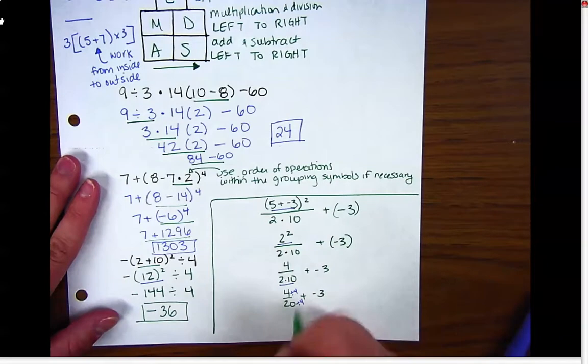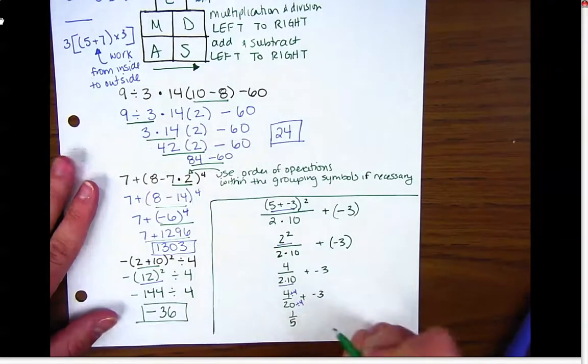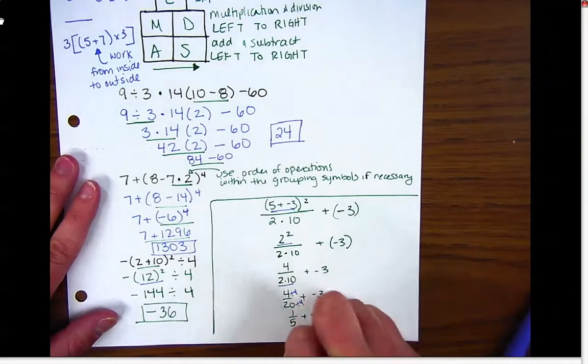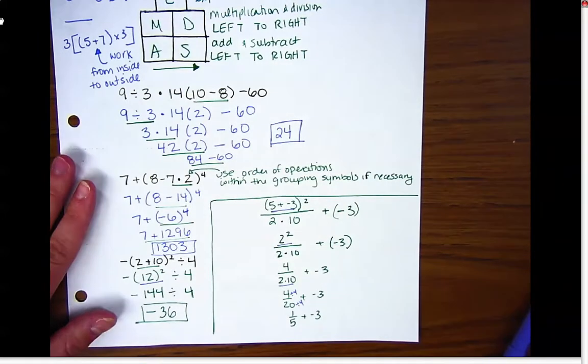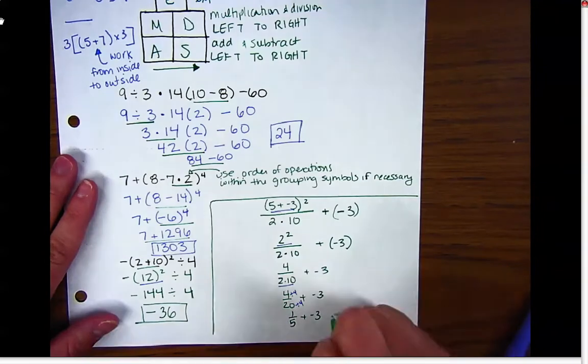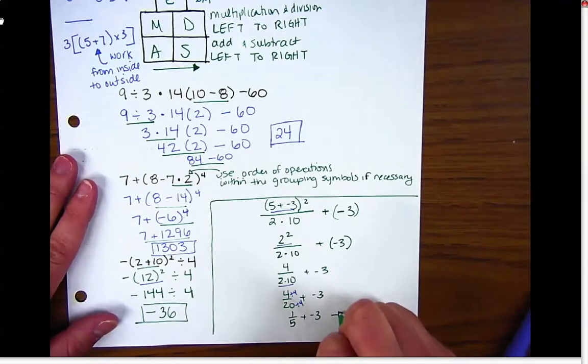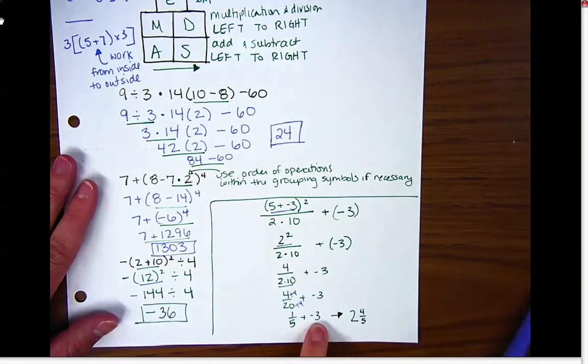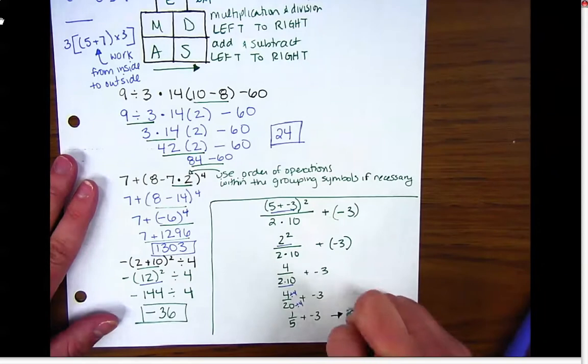So now I have 1/5, which is positive, plus negative 3, which is negative. I know that this really means subtraction. So I'm going to take 1/5 away from 3, and that means I'm going to have 2 whole, and 4/5 left over. But because I have more negatives than positives, my answer is going to be negative.